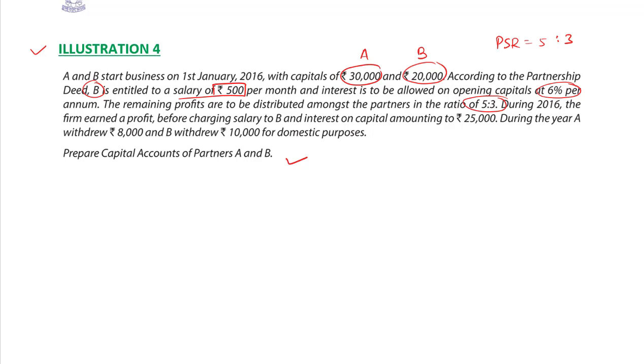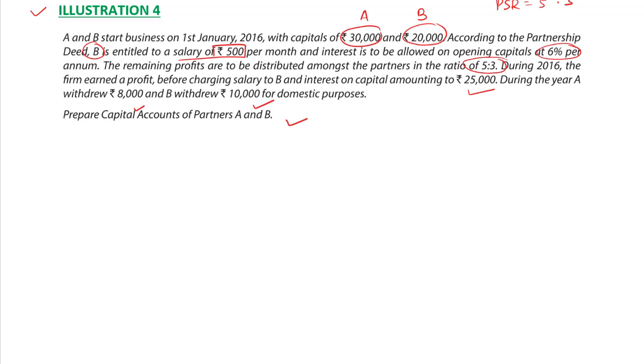During 2016, the firm earned a profit before charging salary to B and interest on capital, that is 25,000. During the year, A's drawing is 8,000 and B's drawing is 10,000. Prepare capital accounts of partners A and B.